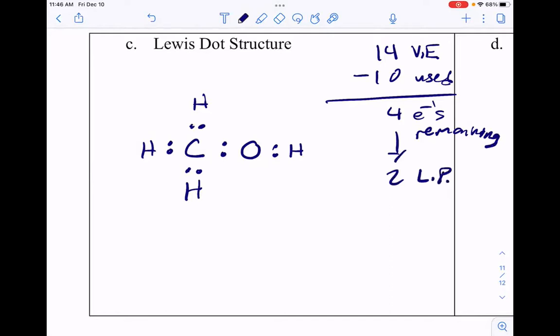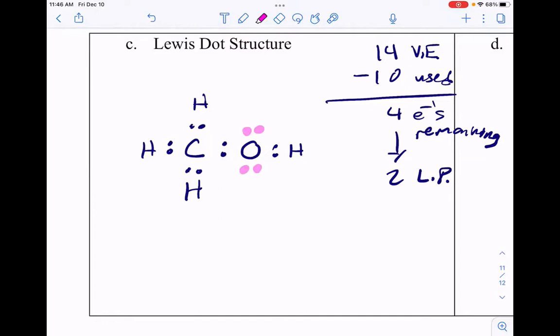And where do these lone pairs go? On oxygen. The reason is that carbon already fulfilled its octet, and oxygen only has 2 bonds, so that's 4 electrons. By having 4 more attached to oxygen, it also fulfills its octet. So this is our Lewis dot structure.